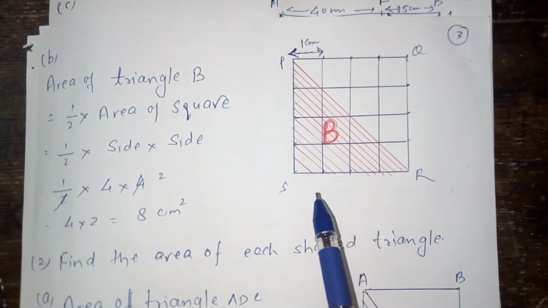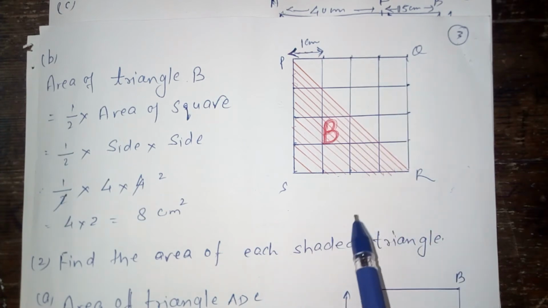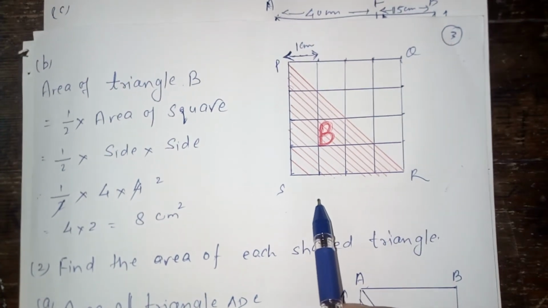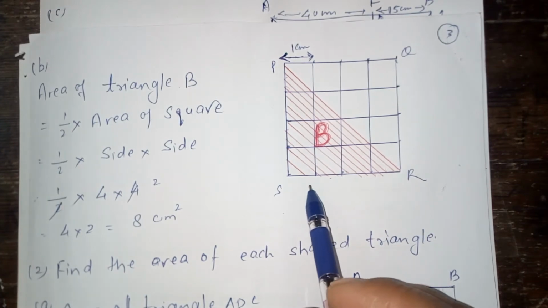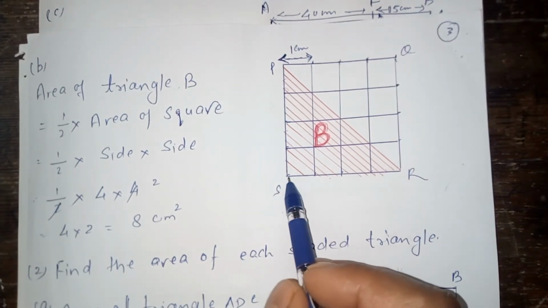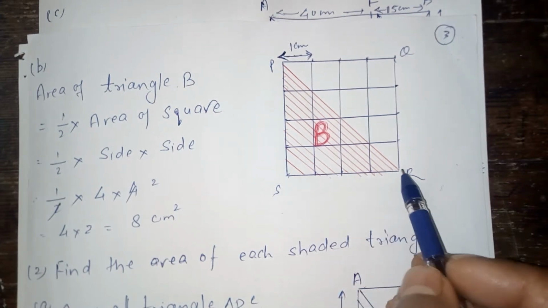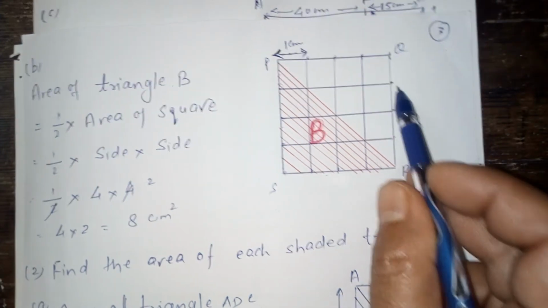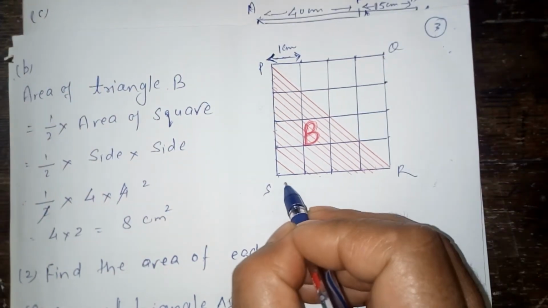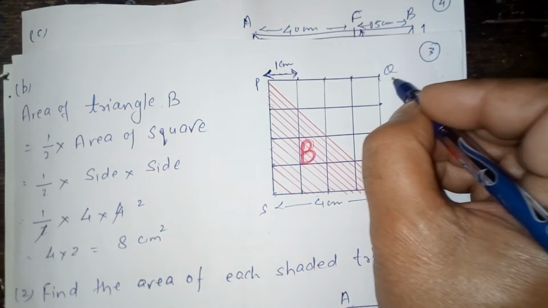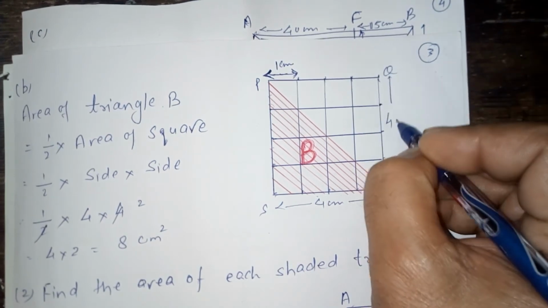You know very well, in a square all sides are equal. So let us find out the length of each side. This is 1 2 3 4, 1 2 3 4. So each side is 4 centimeter.